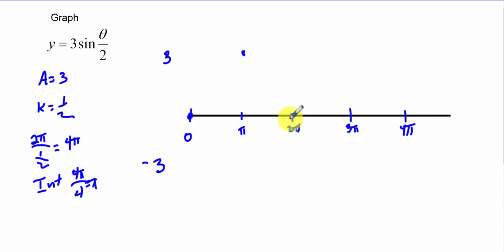At 2 pi, I multiply 0 by 3, I get 0. At 3 pi, which would be my normal negative 1 value, I get negative 3. And at 4 pi, I get 0 again. And here is my graph. It looks just like a sine graph, but notice both my x intervals and my y max and mins have changed.